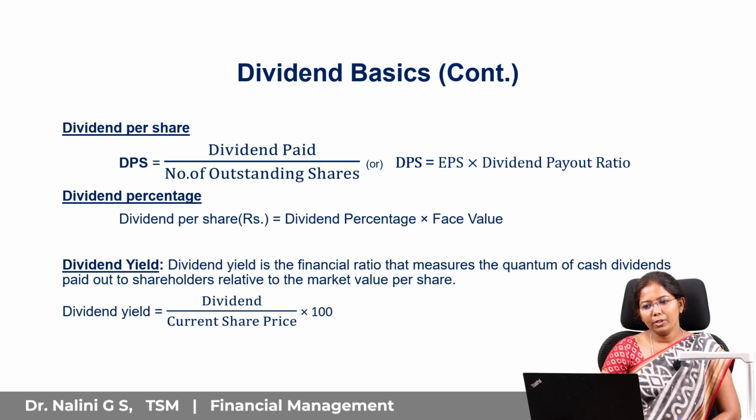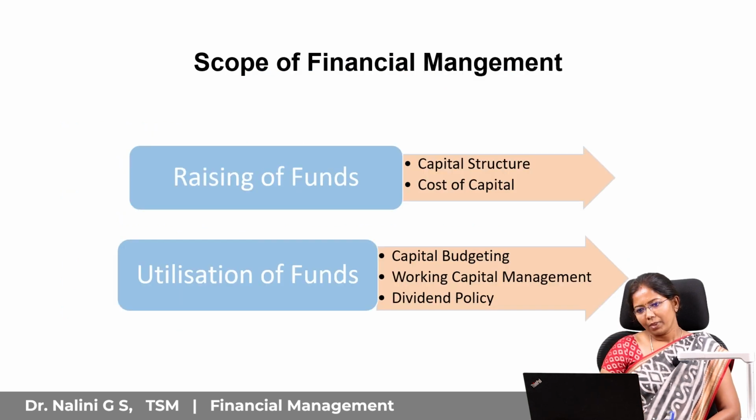Some theories say dividend is relevant, meaning it will certainly affect the company value. Other theories say dividend is irrelevant and will not affect the company value. So it is important for the company to take the dividend decision correctly. Then only can the company enhance the shareholders' wealth.